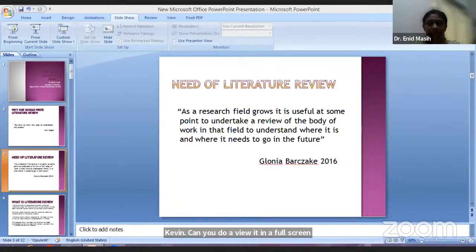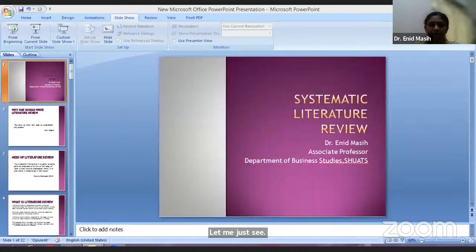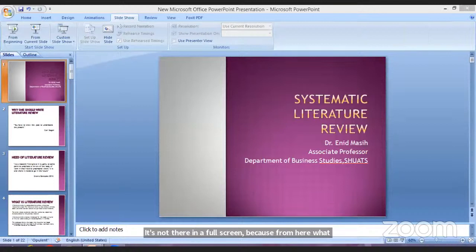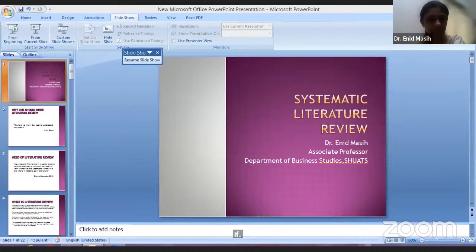Yeah, just a second. Let me just see. It's not in full screen, because from here what I can see is that it's full screen only.